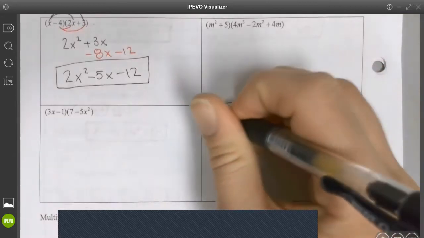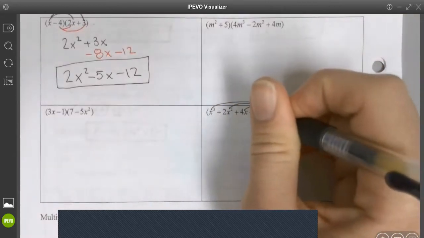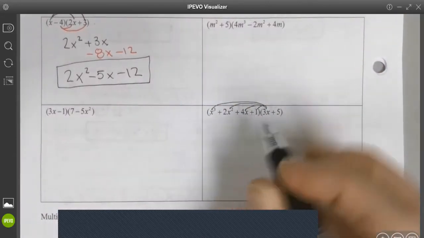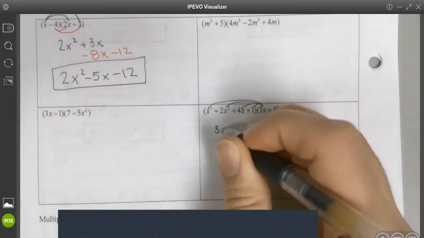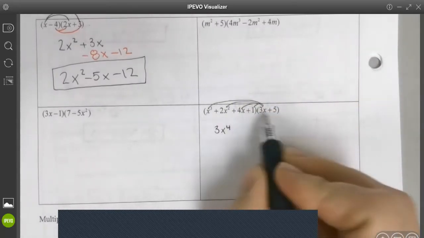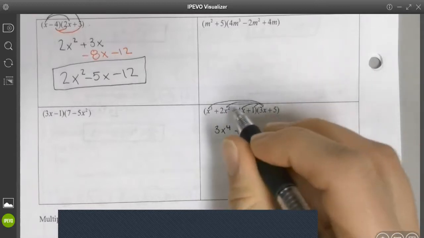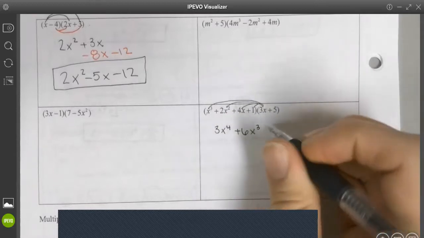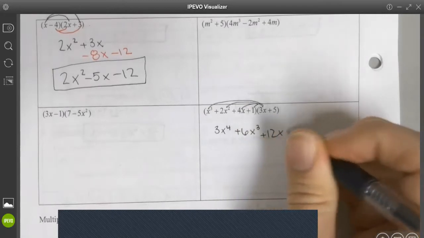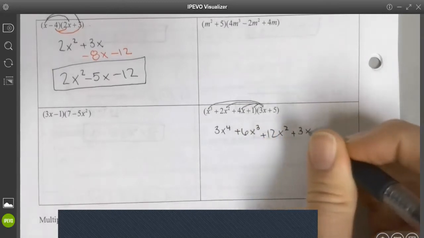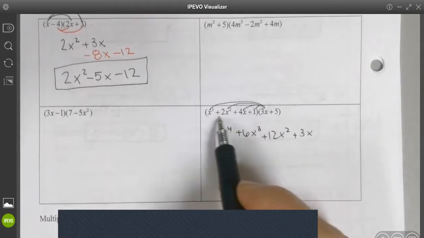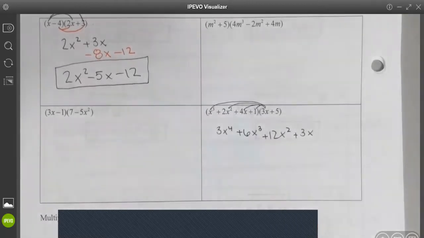And first I'll distribute 3x to all of these terms, which would give me 3x to the fourth, adding exponents. 3 times 2 giving me 6x cubed plus 12x squared plus 3x. So that's distributing 3x through to these 4 terms.